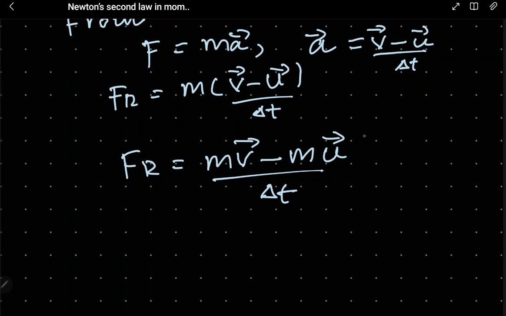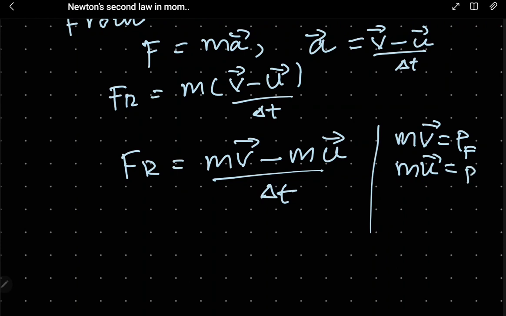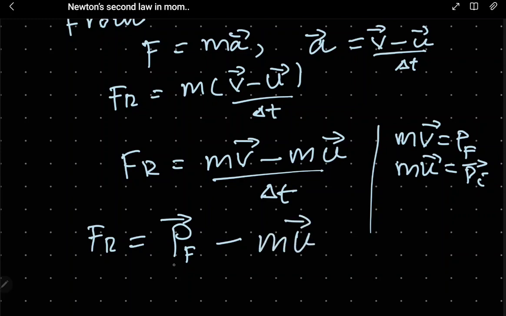From the definition of linear momentum, the mass times v is the final momentum, and the mass times u is the initial momentum. So the force resultant is equal to the final momentum, m times v, minus the initial momentum, m times u, divided by the change in time.